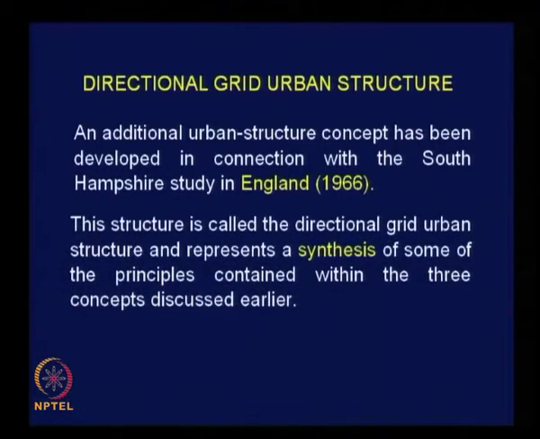This structure is called the directional grid urban structure and represents a synthesis of some of the principles contained within the three concepts discussed earlier. This concept has picked the most important points of all the three, put them together and developed a new concept.